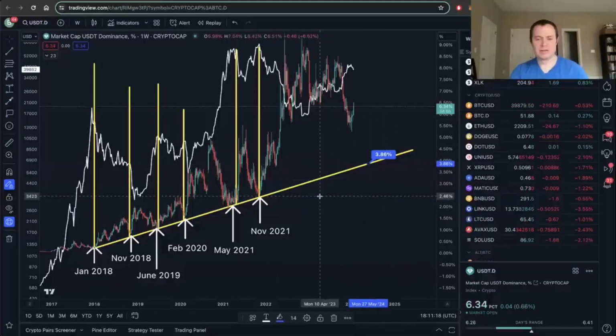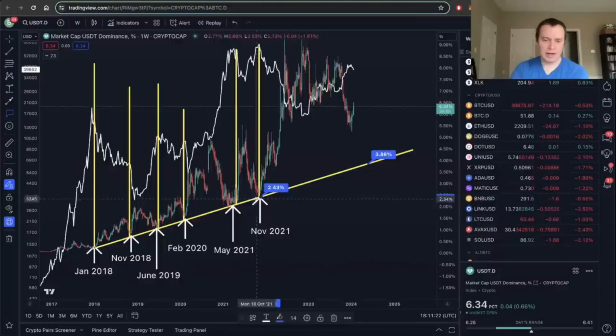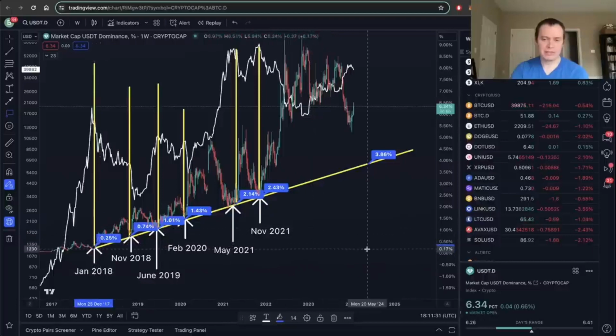About 4%. You can see previously when we hit it, there it was 2.43, 2.14, 1.43, 1%, 0.74, 0.25.